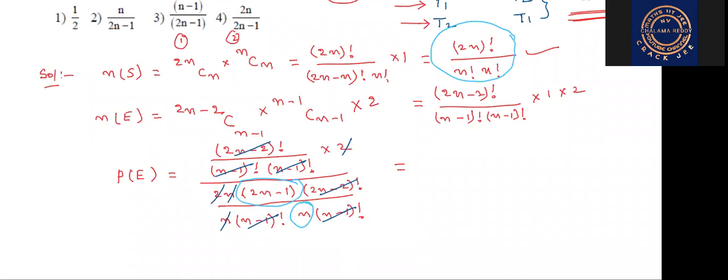So the final answer is n by 2n minus 1. Students, which option is correct? Tell me. Second option is correct, n by 2n minus 1.